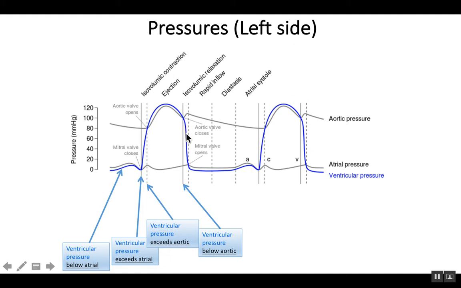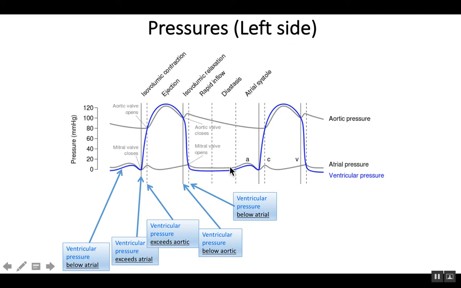Pressure in the ventricle drops, drops, drops. Once the pressure in the ventricle drops below the atrial pressure, once again, the mitral valve is going to open. And once that mitral valve is open again, we can begin refilling the ventricle.